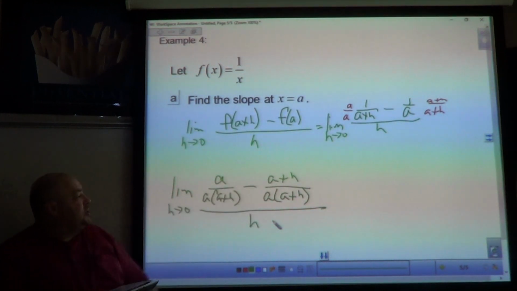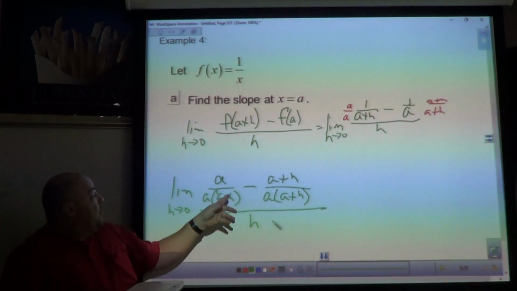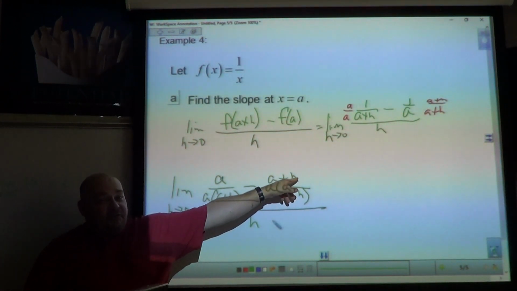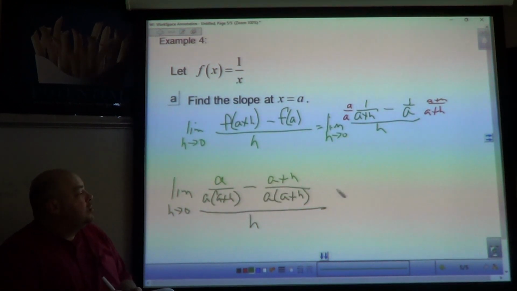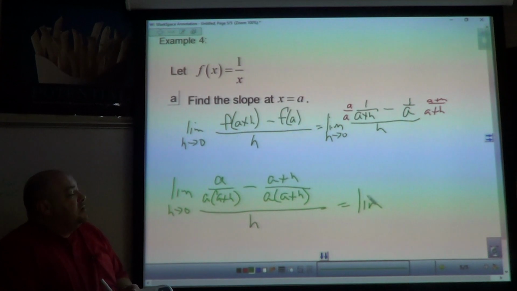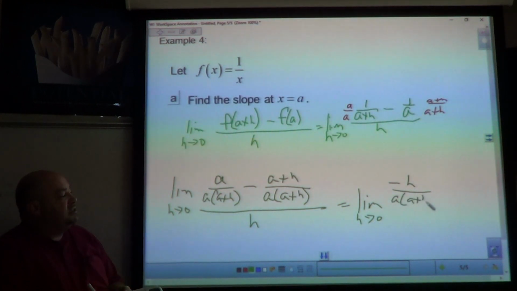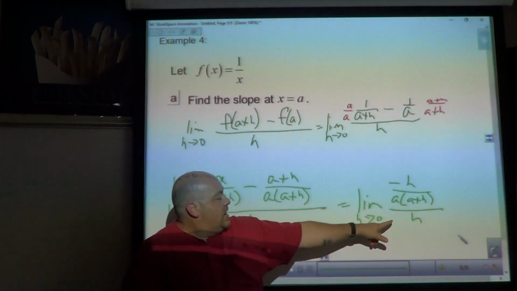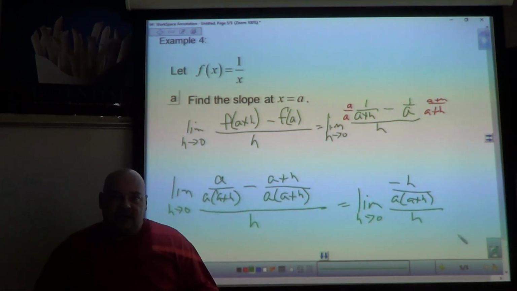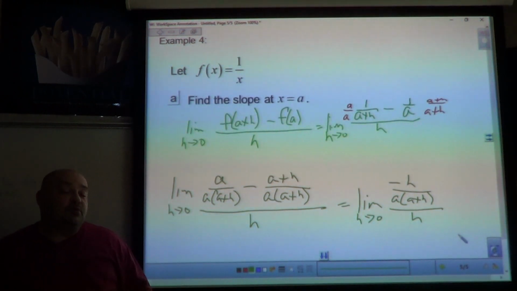So when we combine these two, we're going to have a minus a, which gives us 0. And we have 0 minus h. Don't forget that you're subtracting everything in the second fraction. So that's a negative h. So we end up with the limit as h approaches 0 of negative h over a times a plus h, all over h. Now at this point, we can do a little trick with keep, change, flip. If we're dividing by h, remember that's the same thing as multiplying by the reciprocal of h.